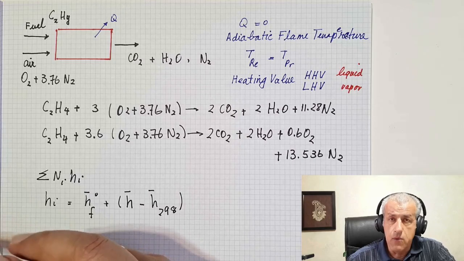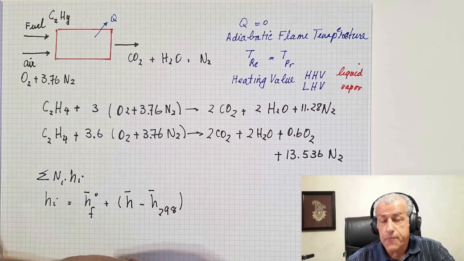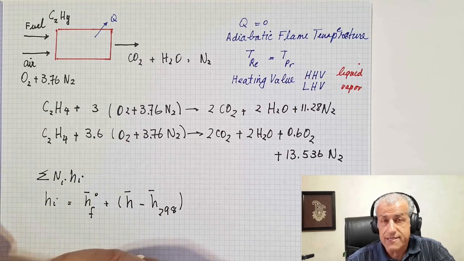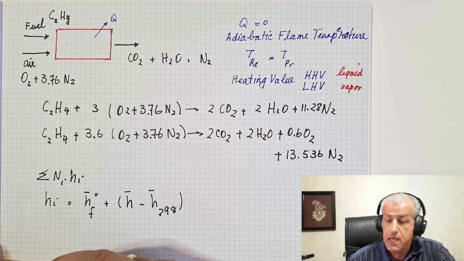And the other one is when all heat is collected from the products, and therefore the maximum heat is collected from the combustion, and that's what gives us higher heating value or lower heating value.